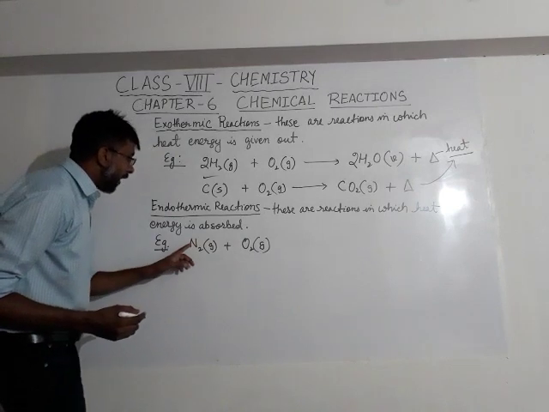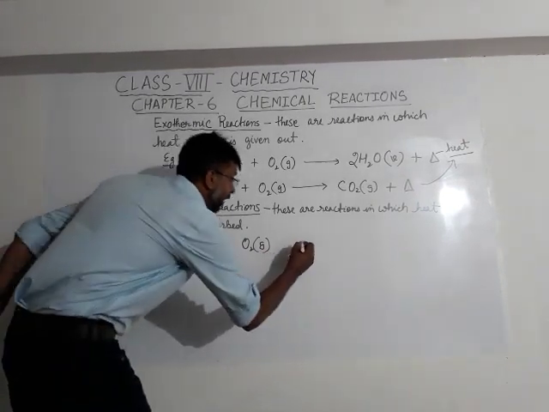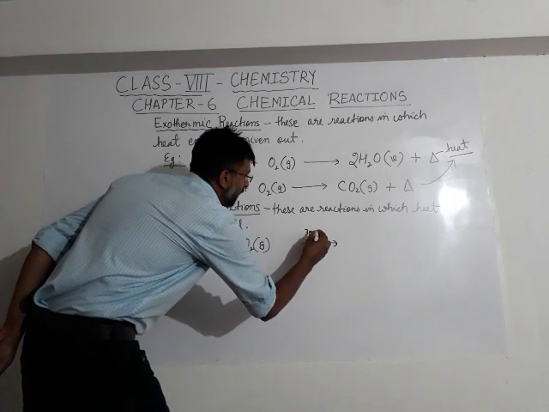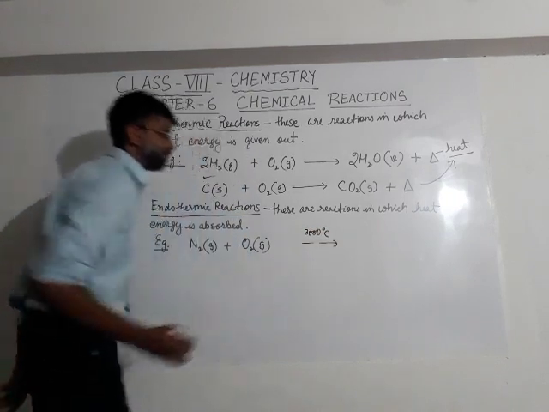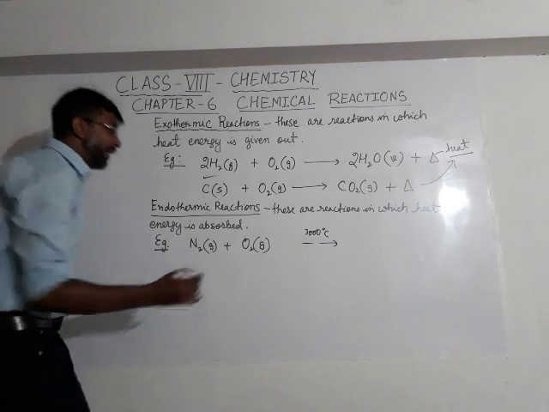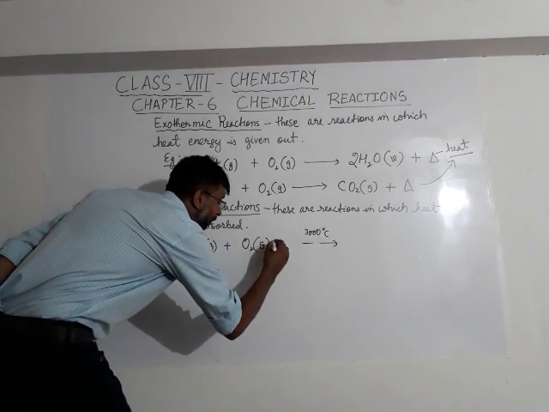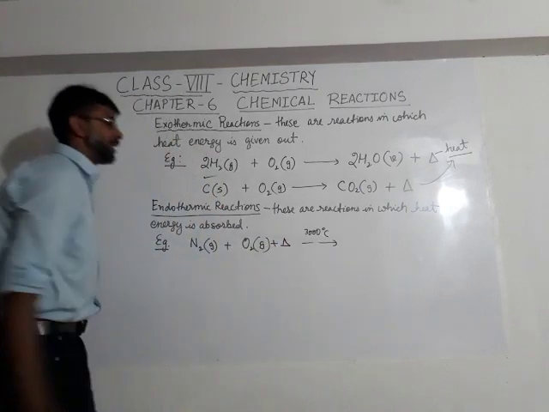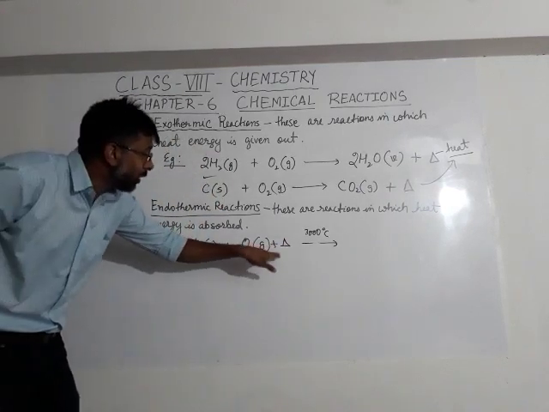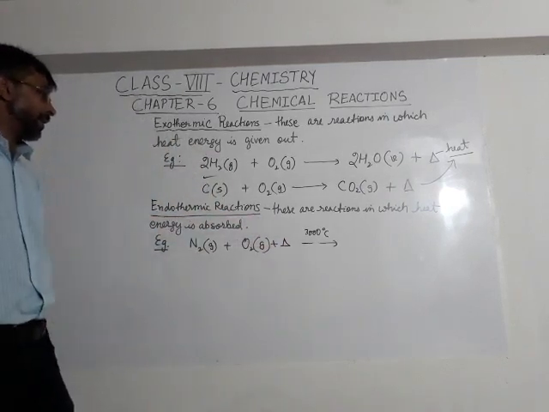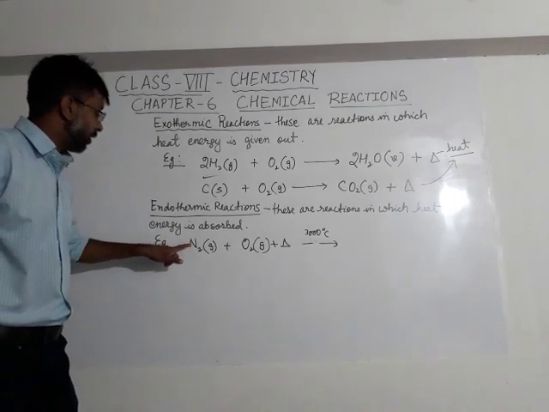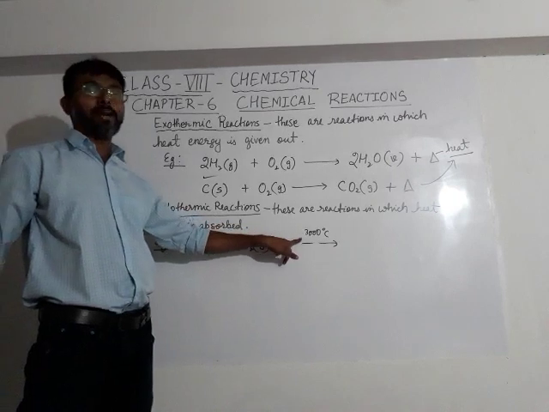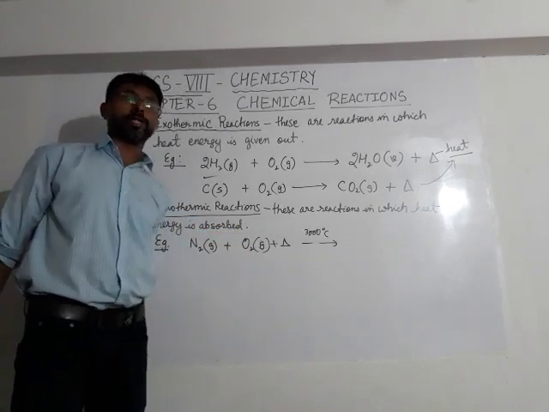This combination requires a very high temperature of approximately 3000 degrees Celsius. It needs a high temperature. That is why on the reactant side I will put plus delta, plus heat. I am going to add heat over here on the reactant side because the combination between nitrogen gas and oxygen gas requires a very high temperature. Then only the reaction is possible.